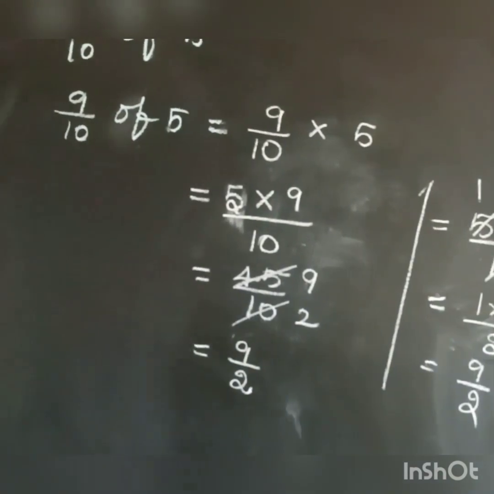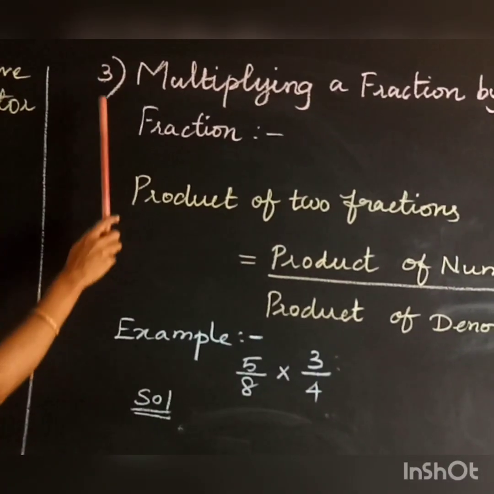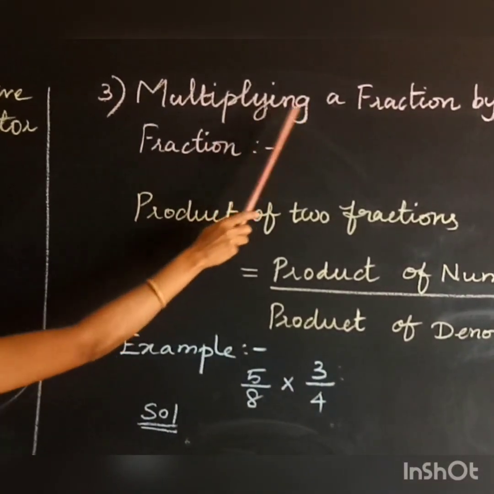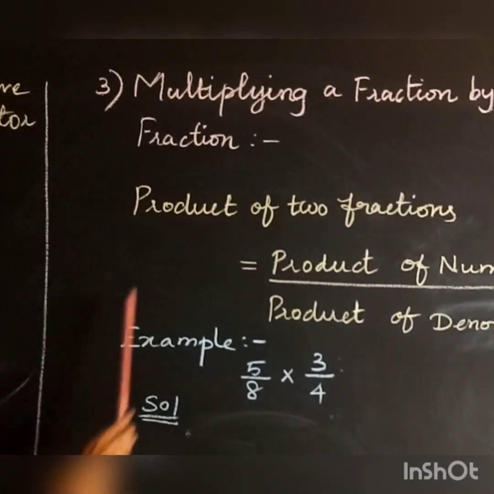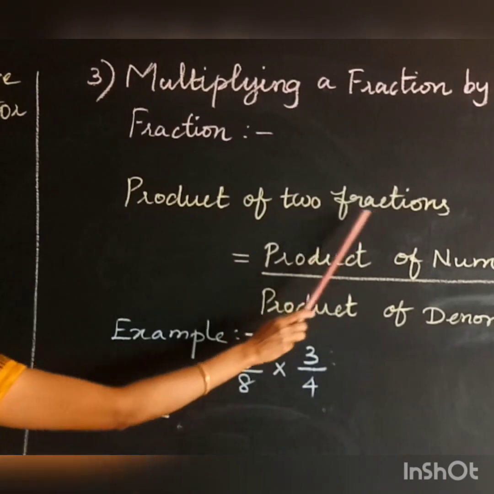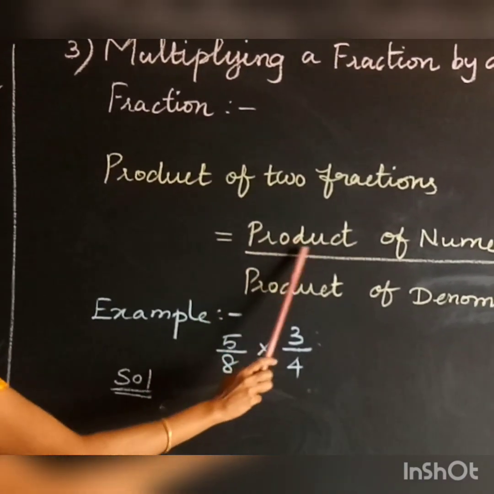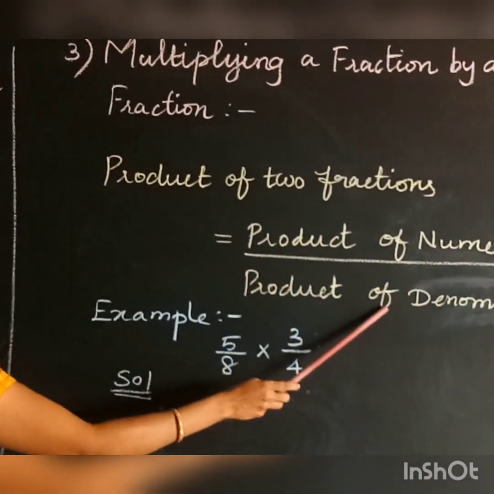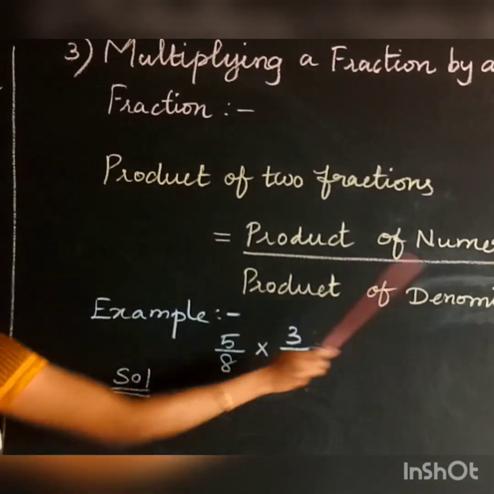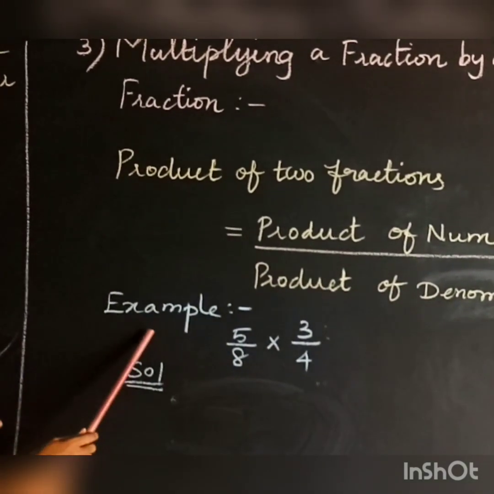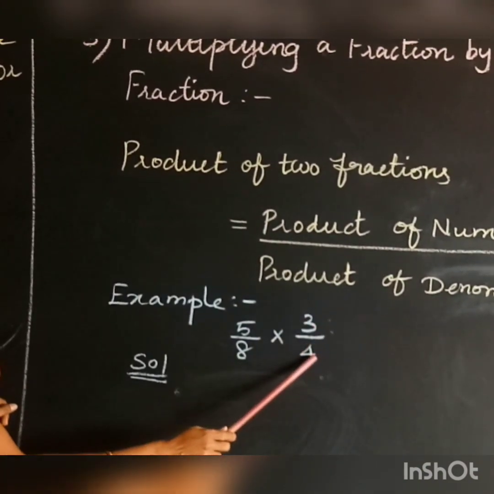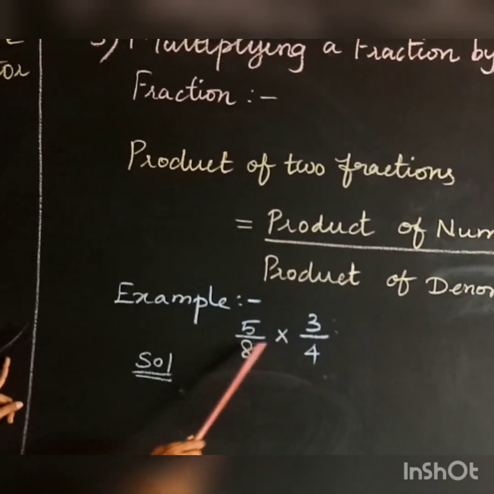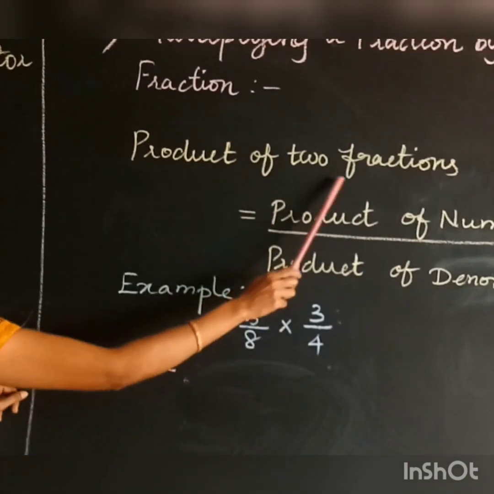This is also correct. Let us come to the third type, multiplying a fraction by another fraction. What is the formula? Product of two fractions is equal to product of numerators divided by product of denominators. See this example: 5 divided by 8 into 3 divided by 4. These are fractions, the product of two fractions.